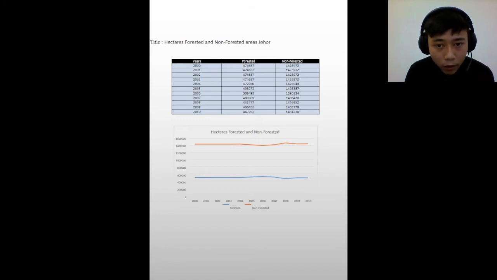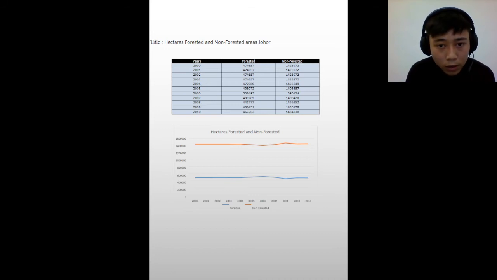In 2004, forested is 472,000, and non-forested 1.42 million. In 2005, forested is 493,000, and non-forested is 1.40 million.